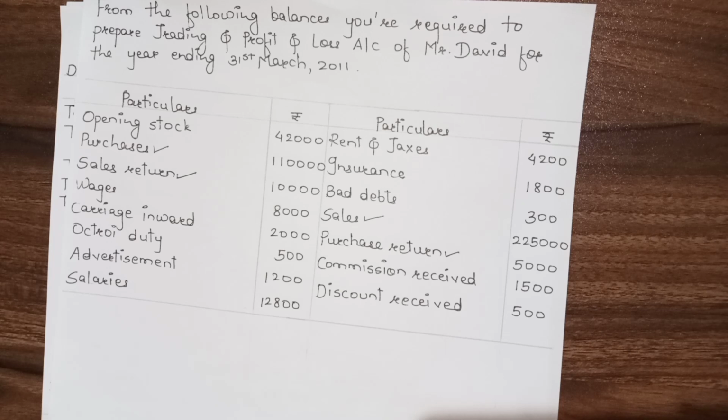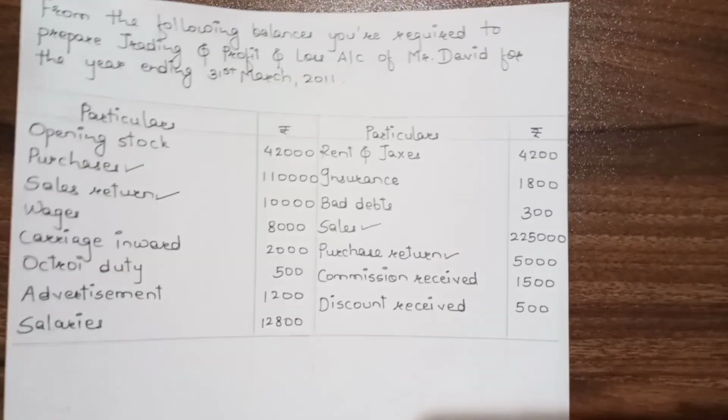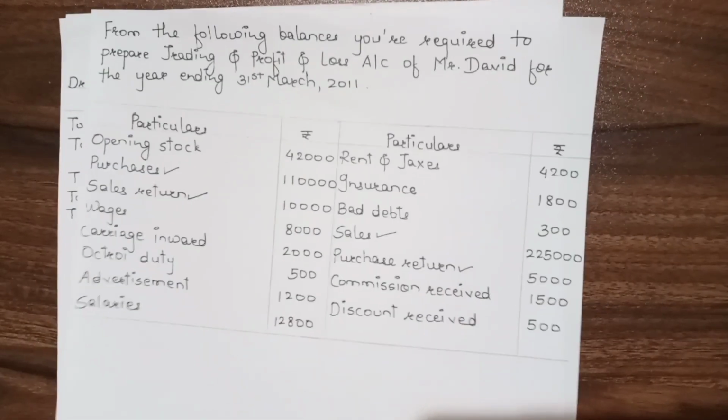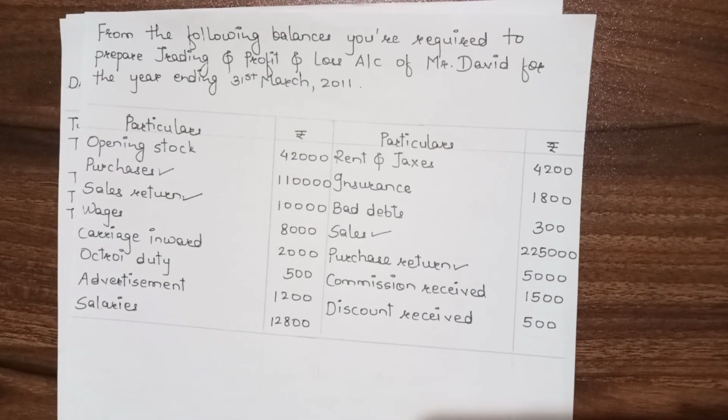If it is your direct income, then you have to post it in the credit side of trading account. Okay, so this is how you have to post the items. So octroi duty we are done. Next, advertisement is also finished. This is your indirect expense, because this item is given to you in the debit side, so we have to write it in the profit and loss account's debit side, that is indirect expenses, advertisement.